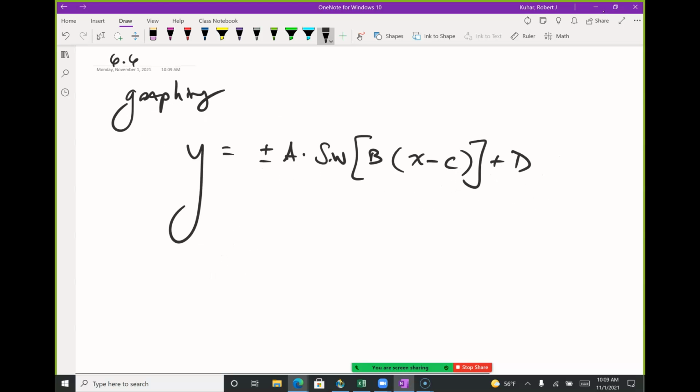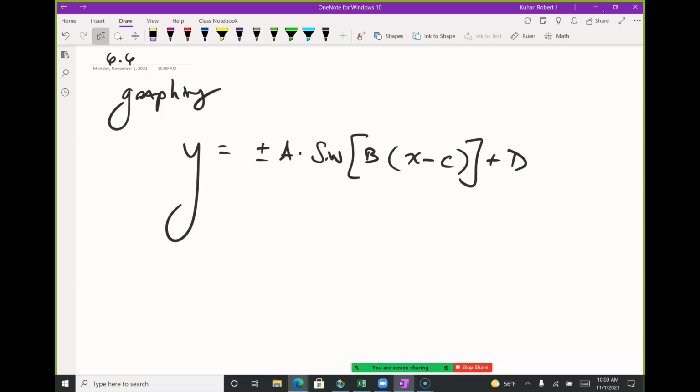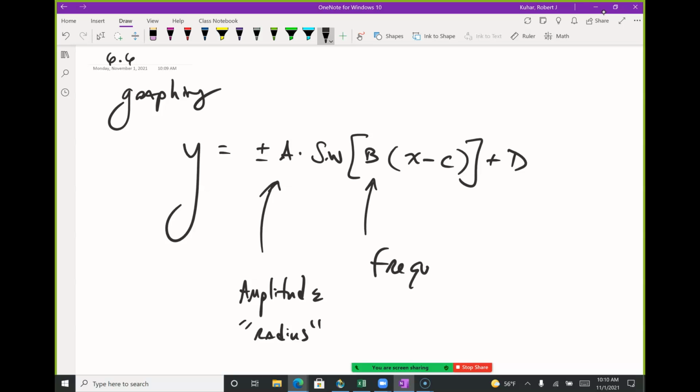And I'm using all capital letters. It doesn't matter. Lowercase letters is fine. But I put them alphabetically because that's where I want you to focus. I want you to focus on the A first, which is called the amplitude. I think it's easier to imagine it as the radius of the circle. B is called the frequency. I like to think of that as the speed of the point moving around the circle.